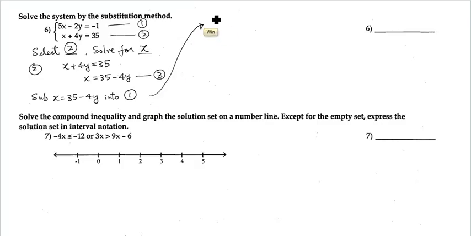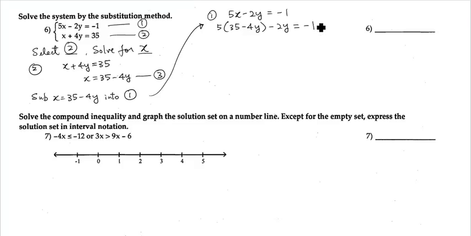I have equation 1, which is 5x minus 2y is equal to negative 1. But now the x will be replaced. So I got 5 times (35 minus 4y), close the parenthesis, minus 2y is equal to negative 1.